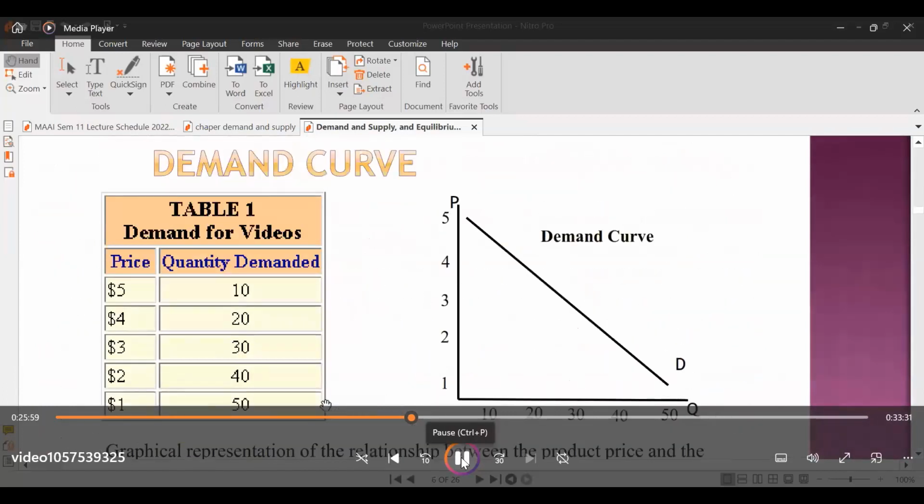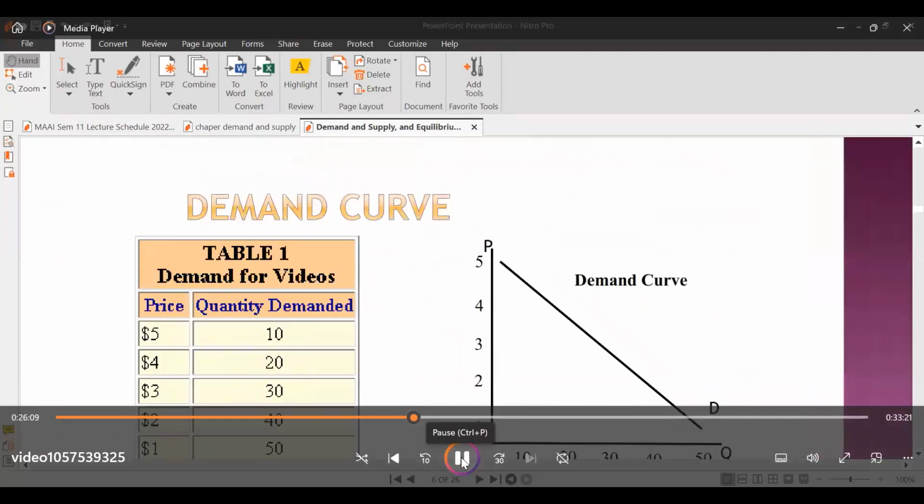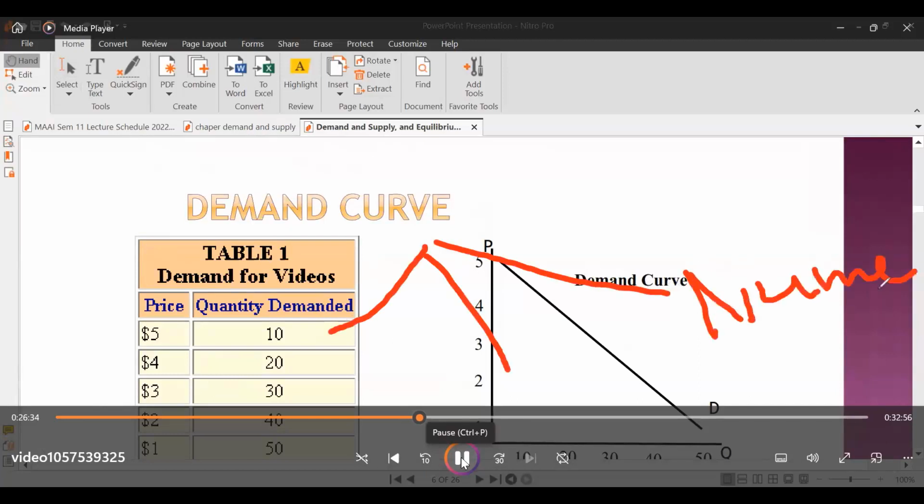Not only the law of demand, but most of the concepts of economics we can explain by using three methods.